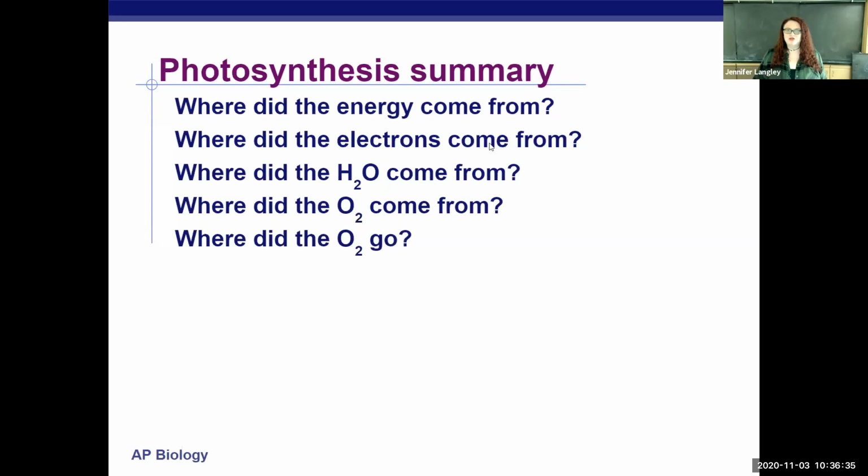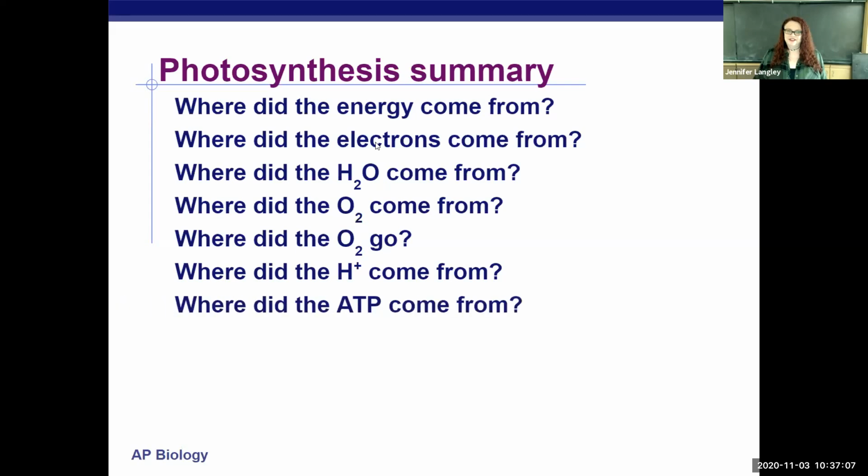So oxygen, where'd it go? Yep, good. Out of the system to the atmosphere, it's released. Excellent. Hydrogen, where'd the hydrogen come from? Yep, leftovers from our water.